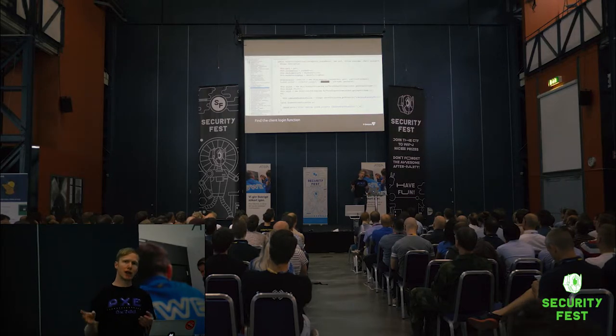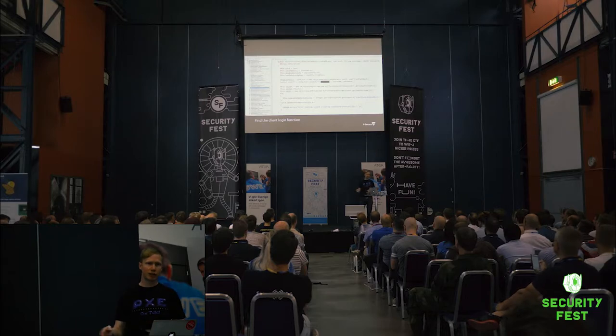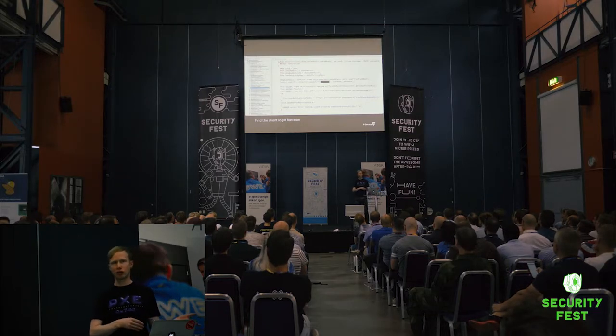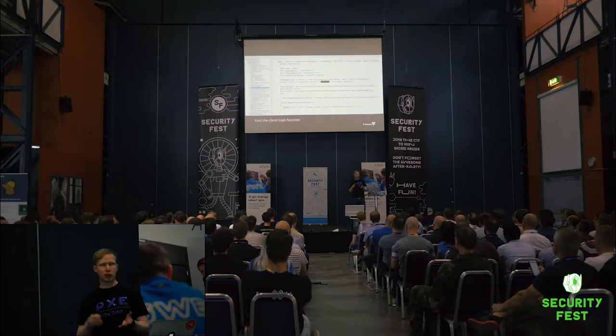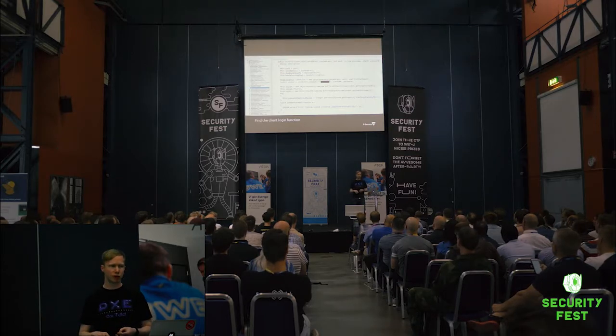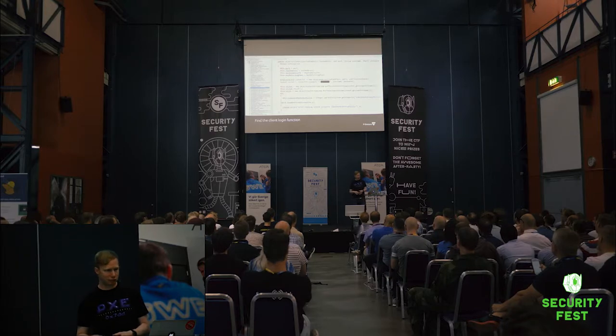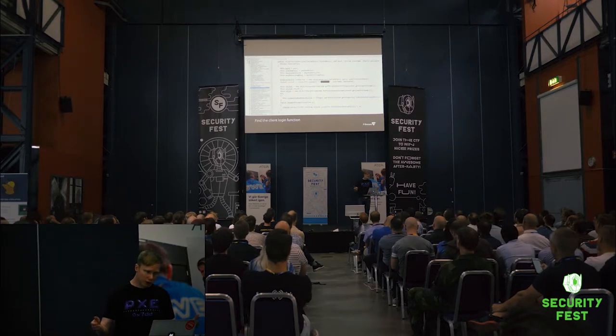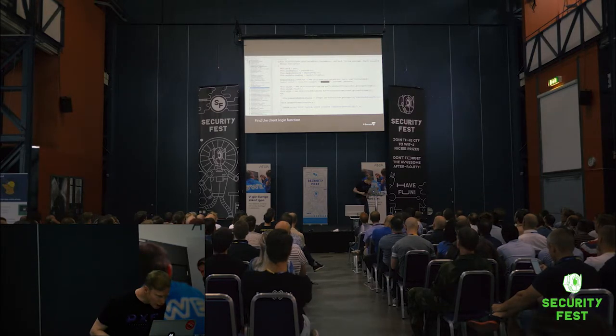So wiser from the last time, this time I actually didn't start by looking at the server-side code. I went straight for the client-side code and said, okay, let's find that login function, because that worked really well last time. And it's quite easy.